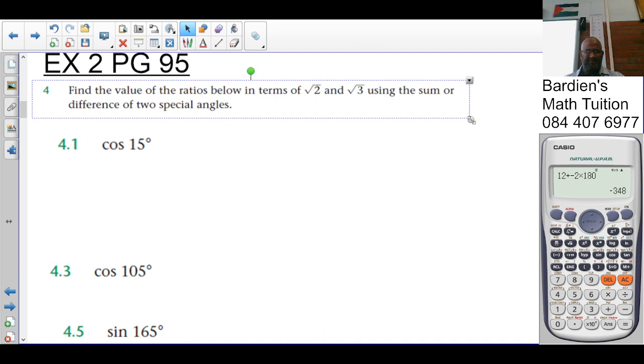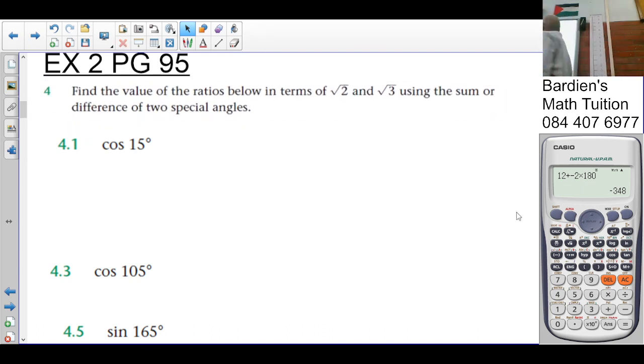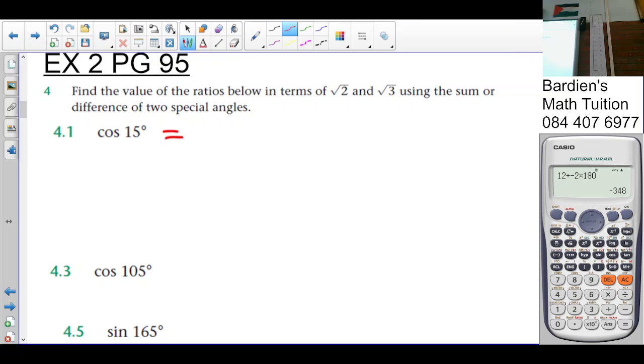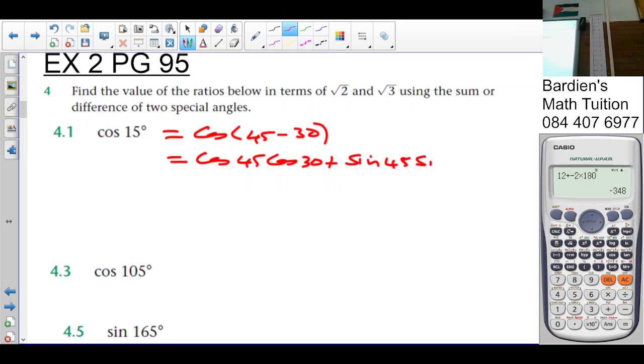Okay. So the first one is cos 15. Which special angles make up 15? It's going to be 45 minus 30, or I could have said 60 minus 45. It's the same. It'll also give you 15. So the cos expansion is cos alpha cos beta, opposite sign, sine alpha sine beta.